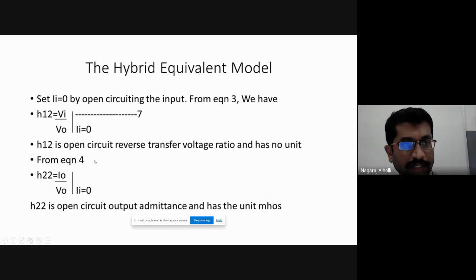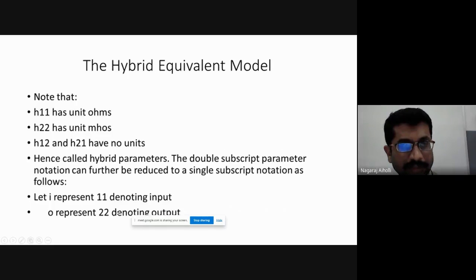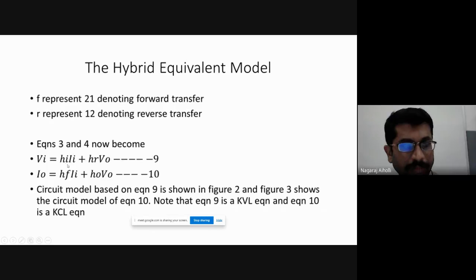H12 is the reverse transfer voltage ratio, represented as r. H22 is the output admittance, represented as o. Replacing H11, H12, H21 and H22, we write Vi is equal to hi Ii plus hr Vo, and Io is equal to hf Ii plus ho Vo.